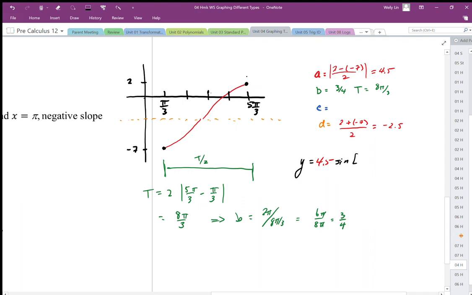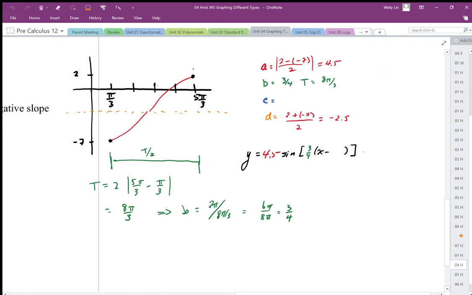We have our B value, which is, sorry, 3 over 4. We haven't yet established our horizontal shift yet. And we've got our vertical shift of negative 2.5.